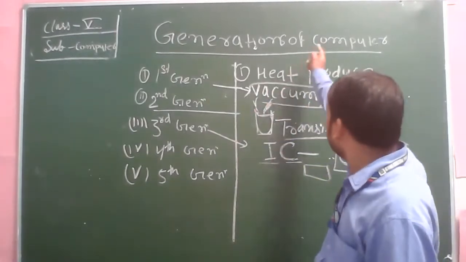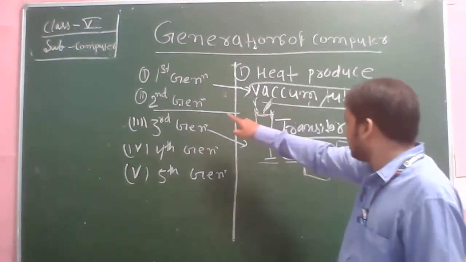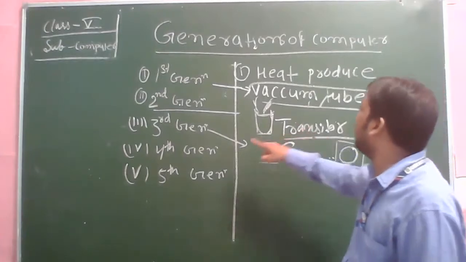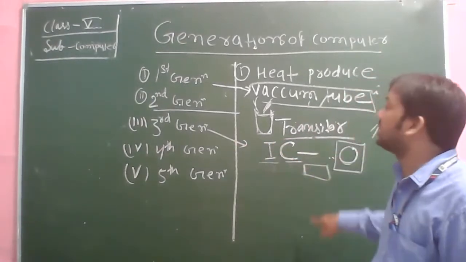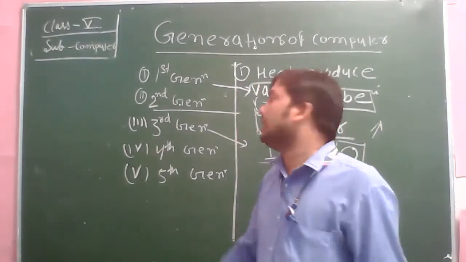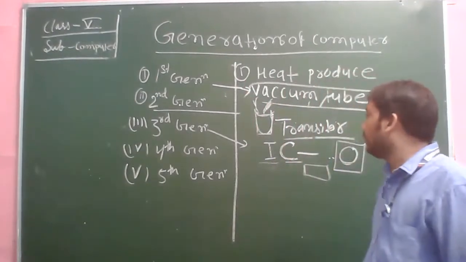Just like a vacuum tube was used in the first generation, and transistors were used in the second generation, in the third generation the IC, the integrated circuit, was used, and the size of the computer became smaller than in the previous two generations.